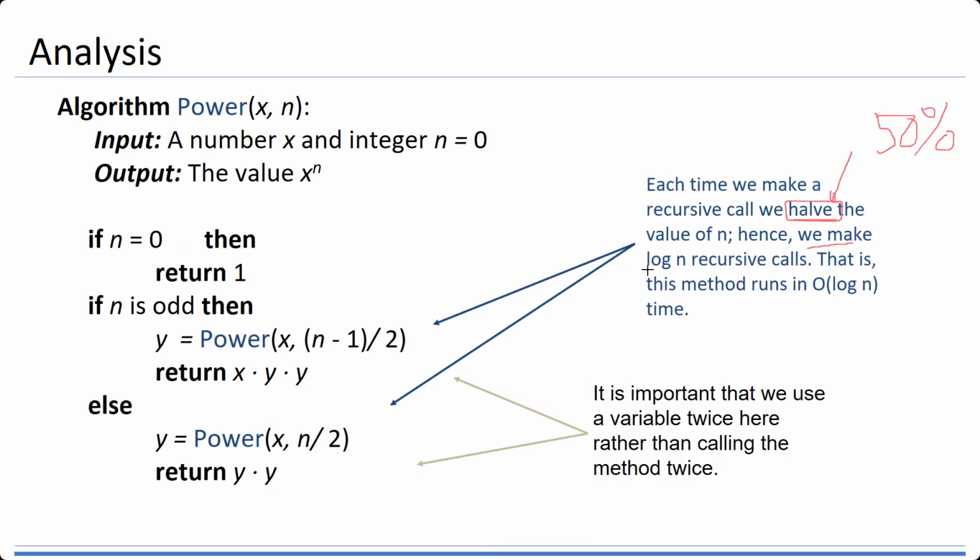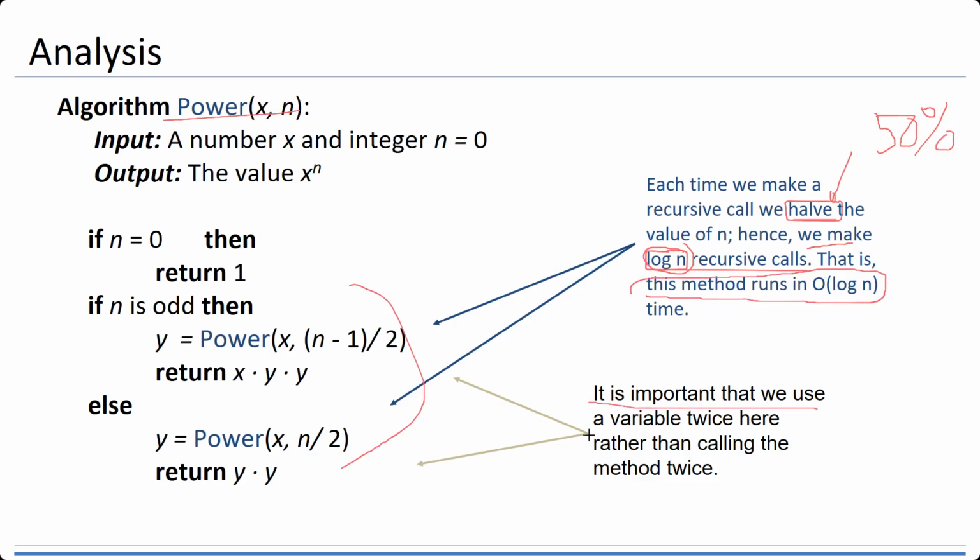Then we make the log n recursive calls. The log n means at least we reduce the n. It is not n anymore, but it becomes log n. That is, this method runs in the log n time. So this method actually runs in the log n time, or it is more efficient than the general power n.